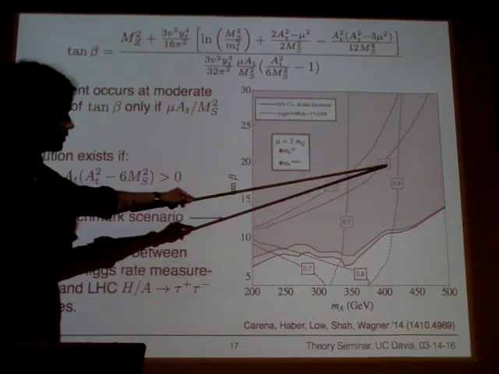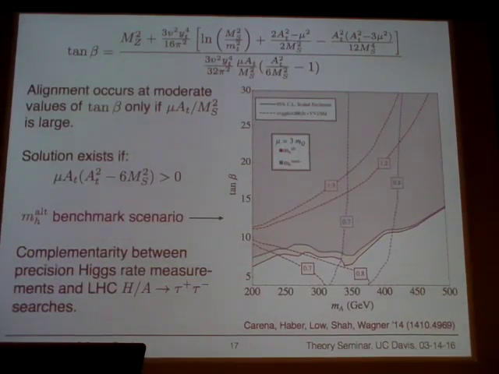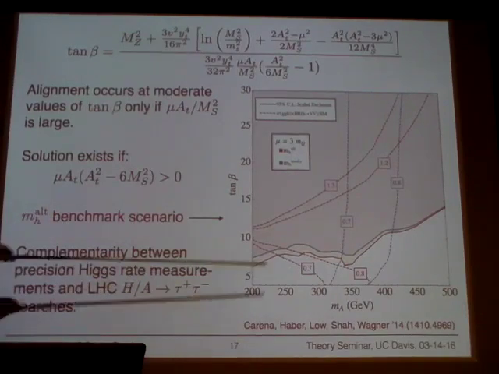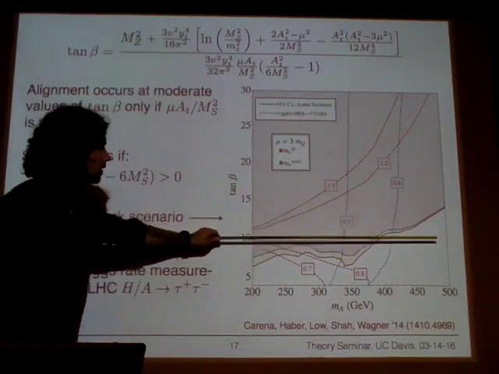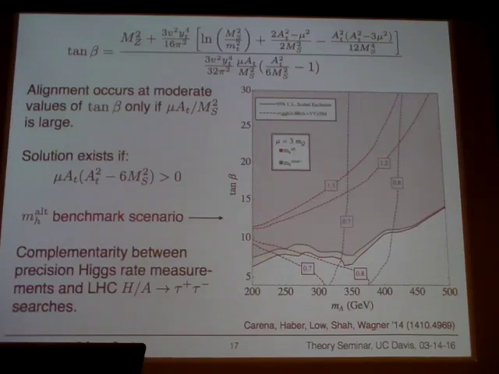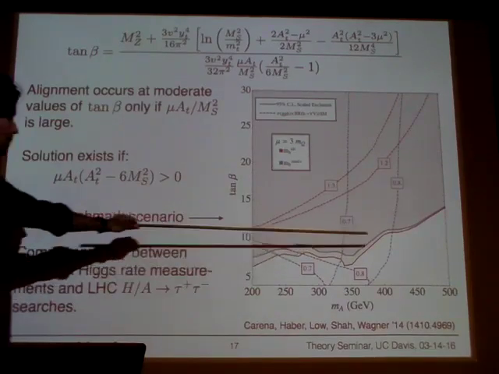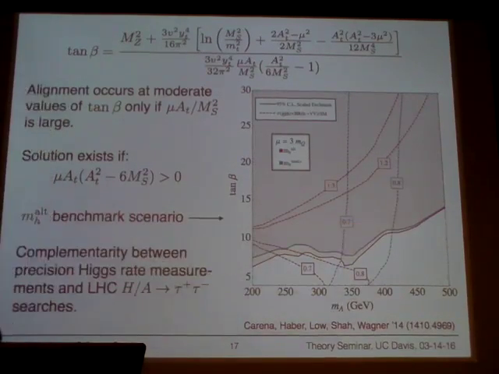So 1.2 means 20% larger than in the standard model, 0.8 means 20% less. So there's an imaginary line here somewhere where you get exactly the standard model rate, and this is completely independent of the MA value.